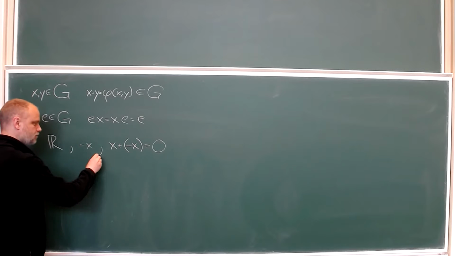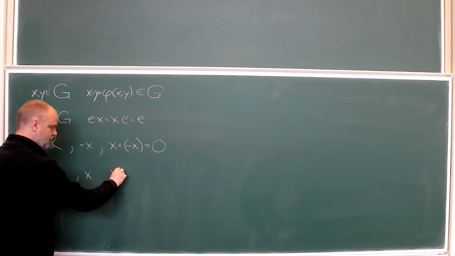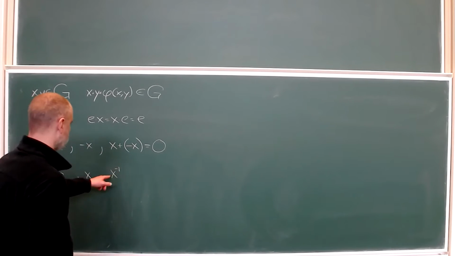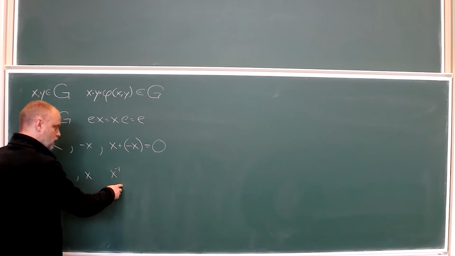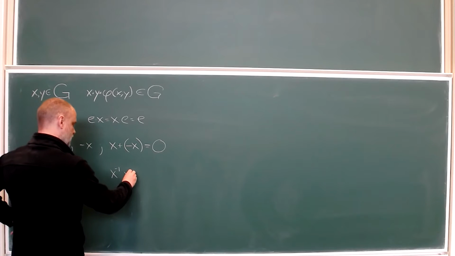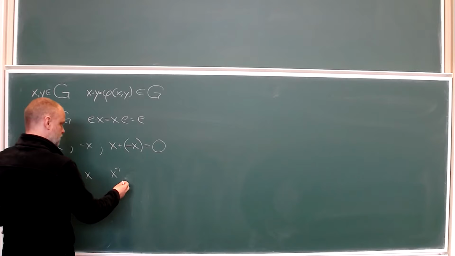So in general, if you have a group and some element x in the group, then x to the minus 1, now we use multiplicative notation, so the minus doesn't go in front but goes up here, is defined such that when you multiply, well, okay.